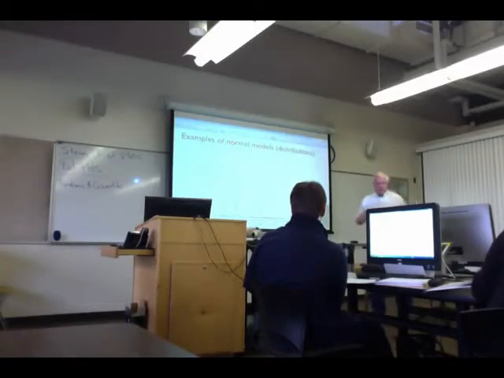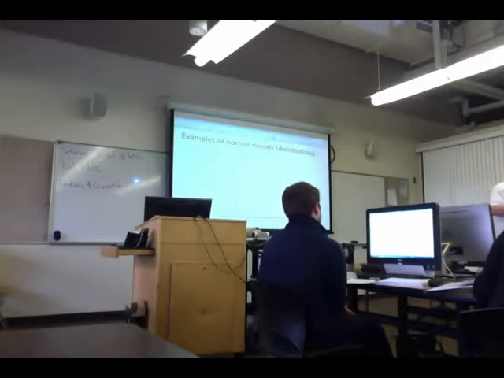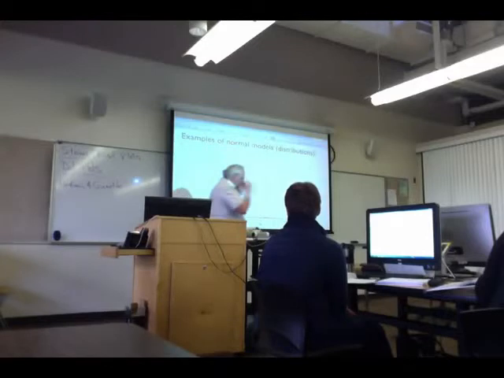Now, anytime we talk about a normal model, if we're going to be able to do any calculation, I have to tell you what mu and sigma are. We can do some things without knowing it, but generally speaking, to be concrete, I need to tell you what mu and sigma are.